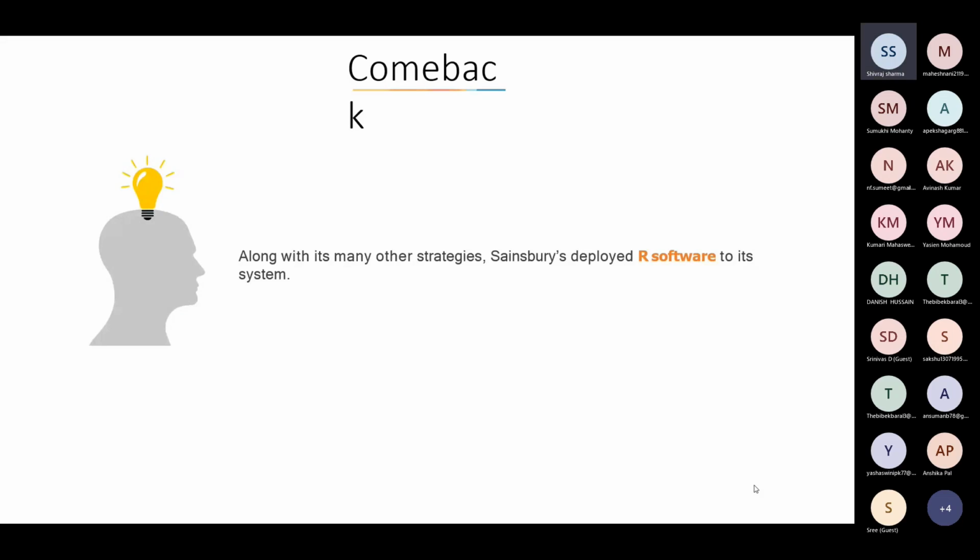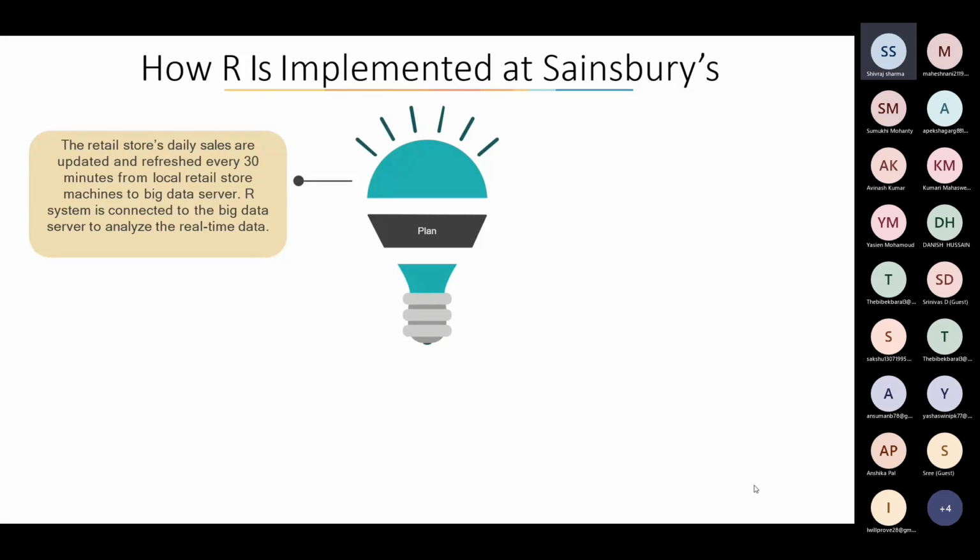Let's go deeper into the example, to see how this R software helped the company come back in the market. So how is R implemented at Sainsbury's? The retail stores' daily sales are updated.